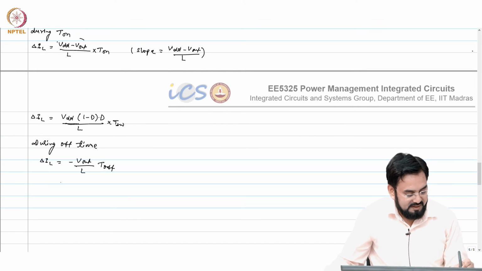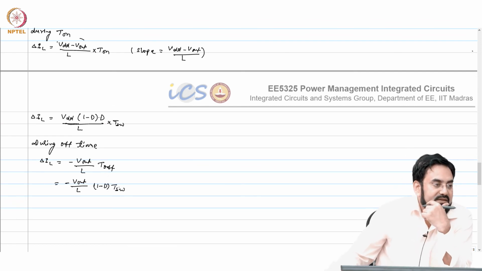And this one can be written as over L into 1 minus D, correct, because T on plus T off over T is nothing but 1, so you just break that.